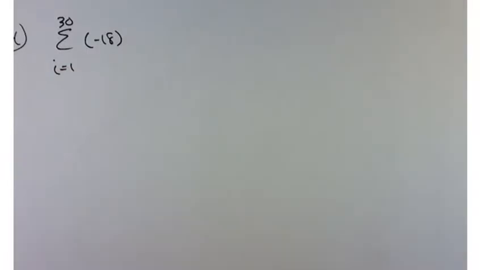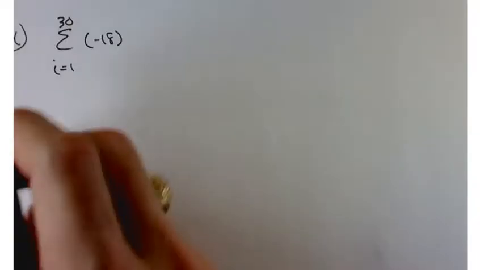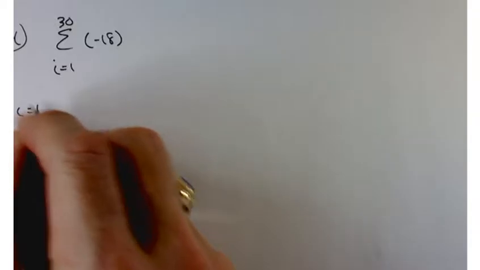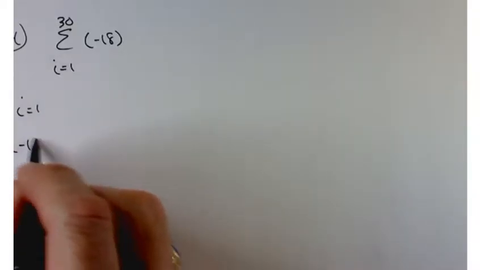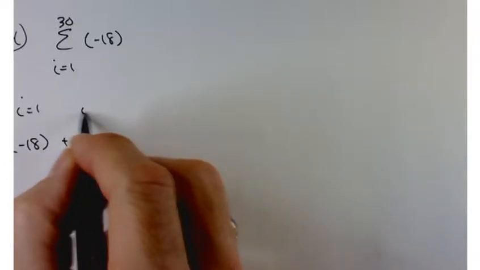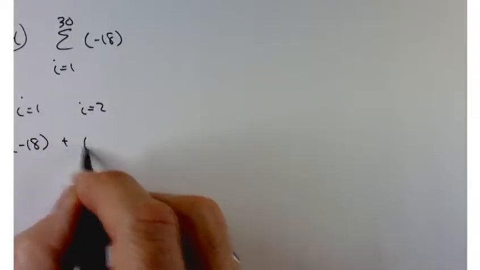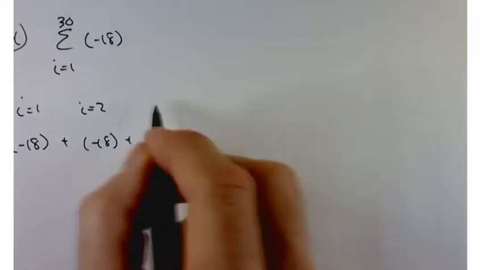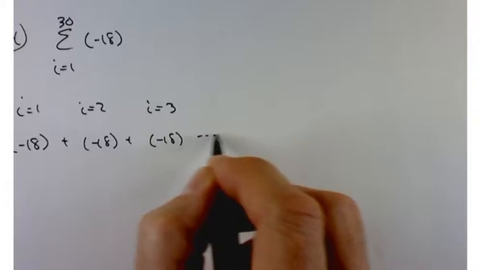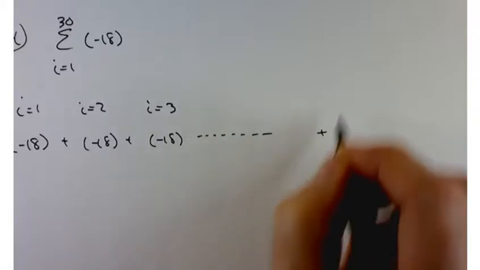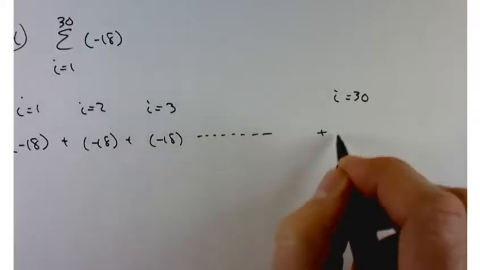Calculate that sum. Let's start writing out at least a few of these terms. What would it look like? So for instance, when I equals 1, what should I write? Negative 18 plus. When I equals 2, negative 18. And so on, all the way down to I equals 30 is negative 18.